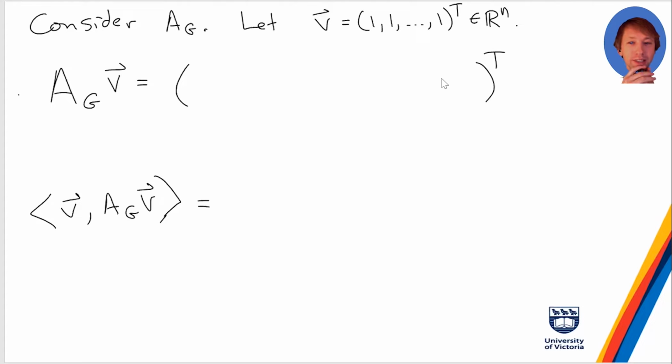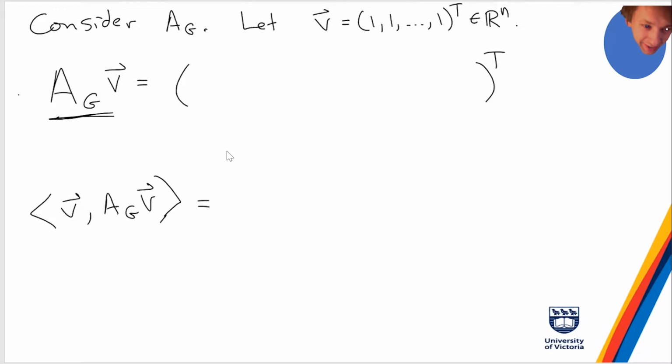So let's think about what happens. v is the all ones vector. It should be a column vector, so I can apply this multiplication. What do we get? What is that in terms of the graph?